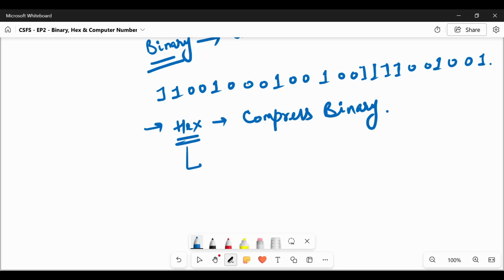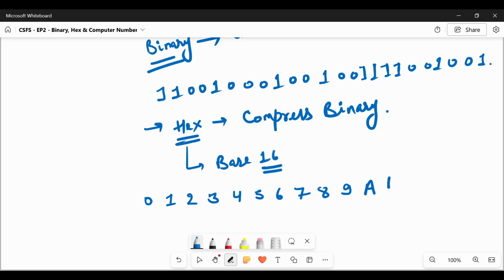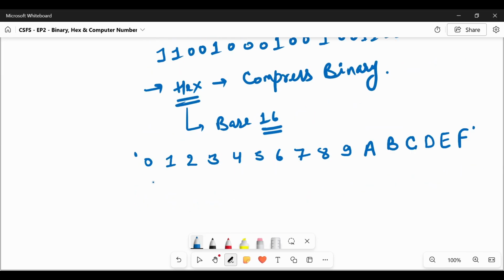So we know that hexadecimal has a base of 16. Base 16 means 0, 1, 2, 3, 4, 5, 6, 7, 8, 9, 10 is A, 11 is B, 12 is C, 13 is D, 14 is E, and 15 is F. So 0 to F, that is 16 numbers. The mapping is like 0 represented as 0 0 0 0, 1 as 0 0 0 1, 2 as 0 0 1 0, and in a similar way till F we have 1 1 1 1.